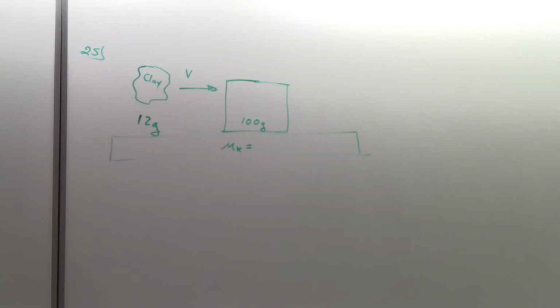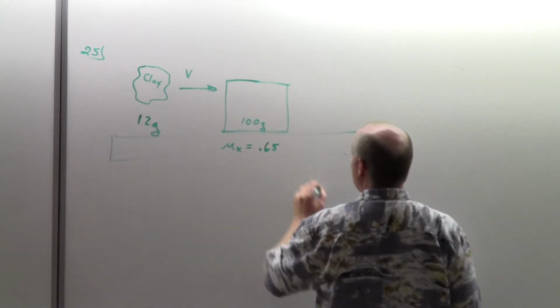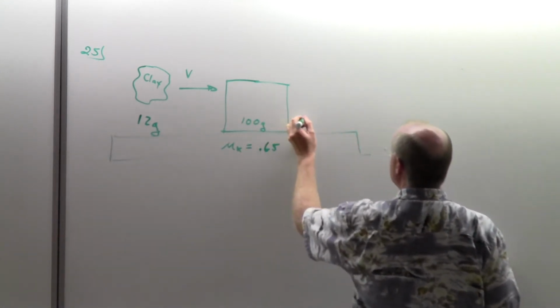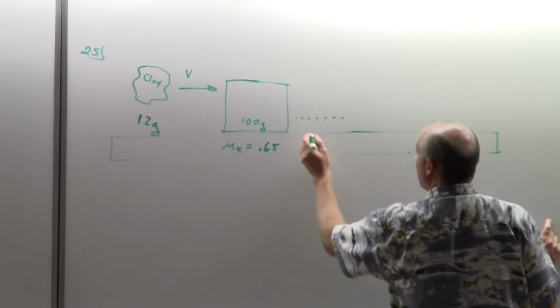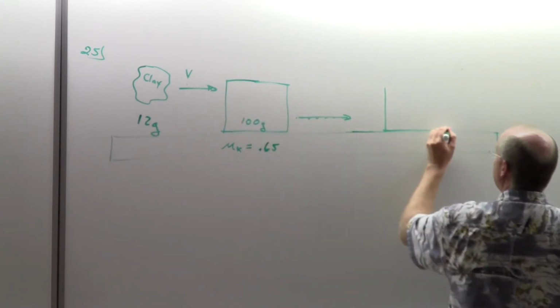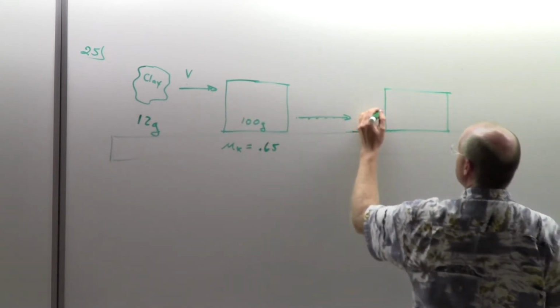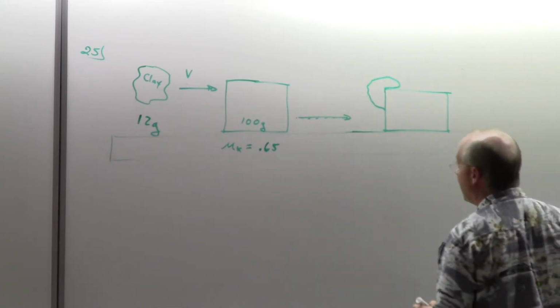So there's actually quite a bit of friction here. And what happens is it pushes it. Maybe I'll give my table a little more room here. But they said on impact, the two move together. And so maybe this big wad of clay now is stuck on here.